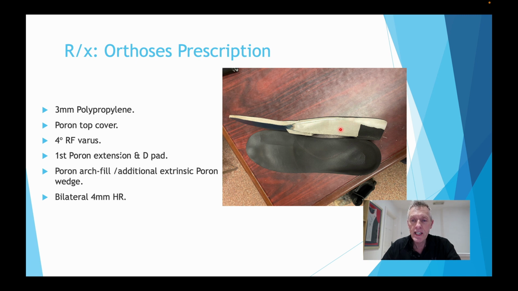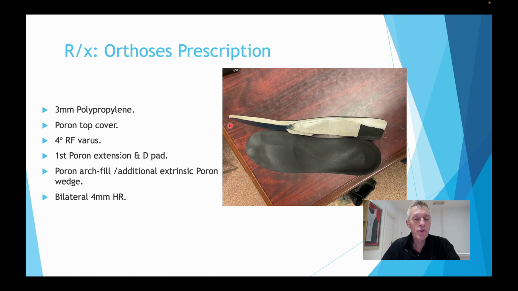But under the arch here, I've used a big, thick, flat bed of pour-on as an arch fill. And that's so as he walks and puts pressure on that orthotic shell, it would flex into that bed of pour-on and decelerate him. The secret in this case is not to block the movement, but to decelerate the movement.